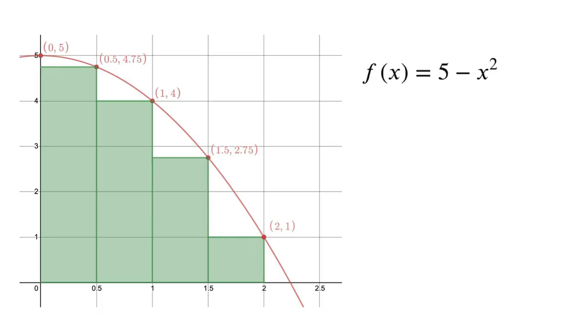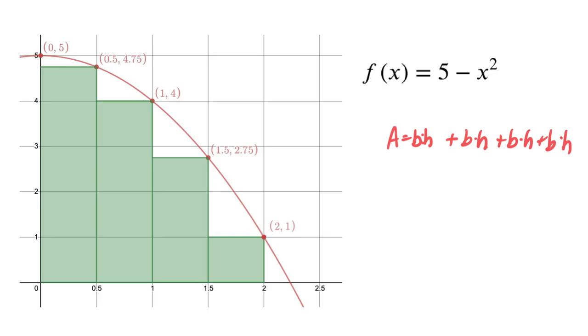So the way I will calculate this is nothing more than adding up the series of areas of rectangles, which is area equals base times height, plus another base times height, plus another base times height, plus another base times height. Okay, so here we go.